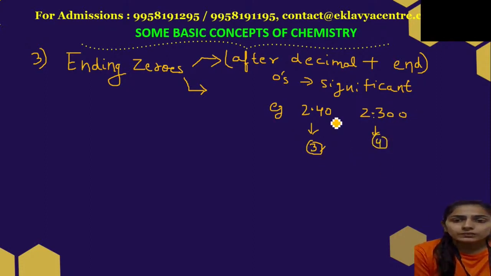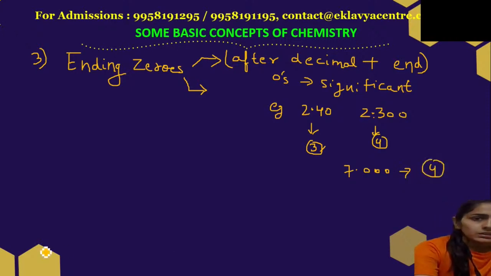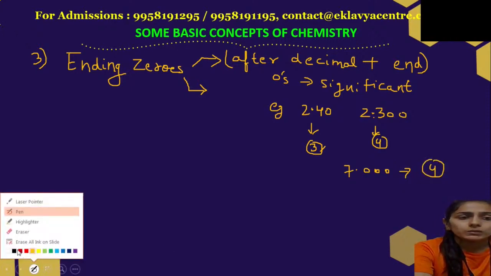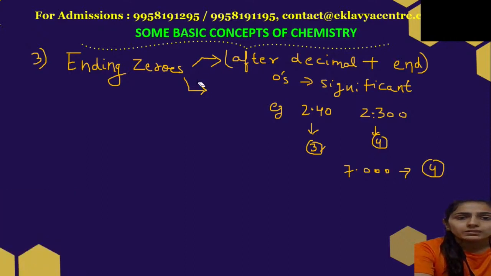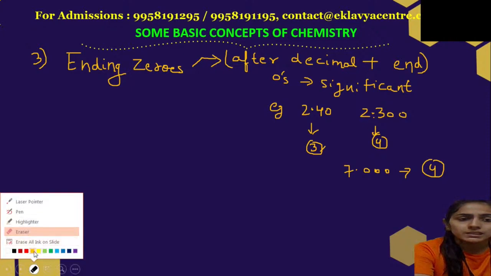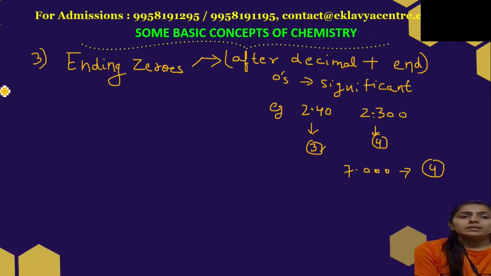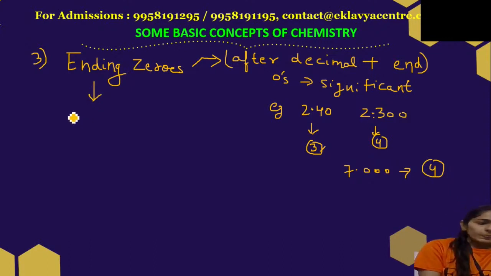Suppose we have 7.000. So here we have 1, 2, 3, 4 significant figures. So for ending zeros, you have to remember that the zeros will be significant only when they are after the decimal and at the end.